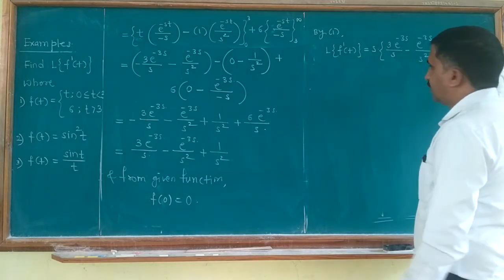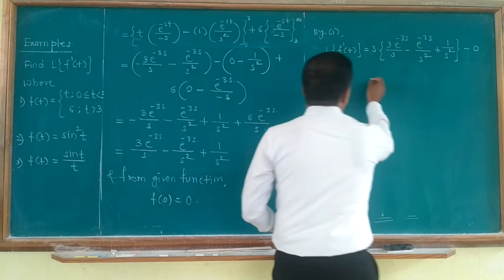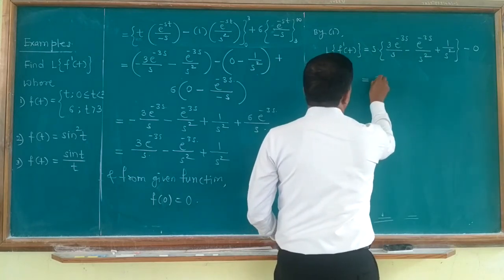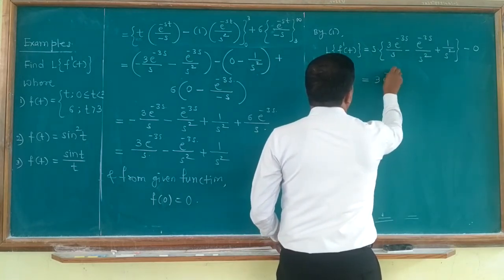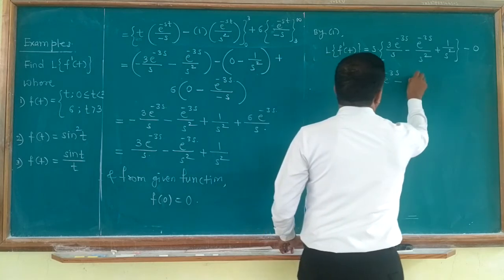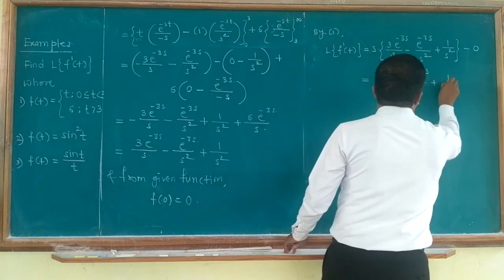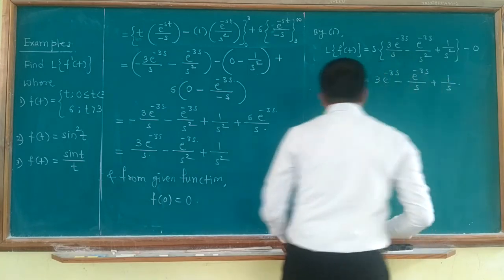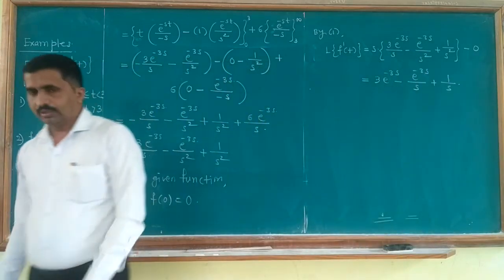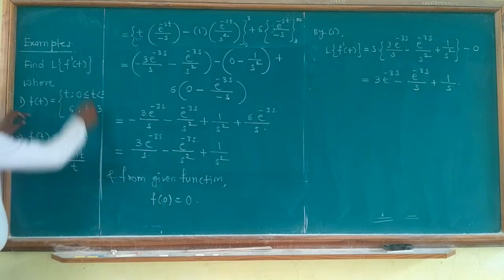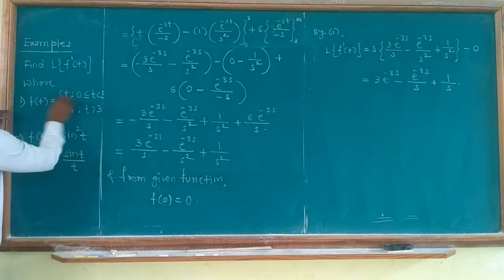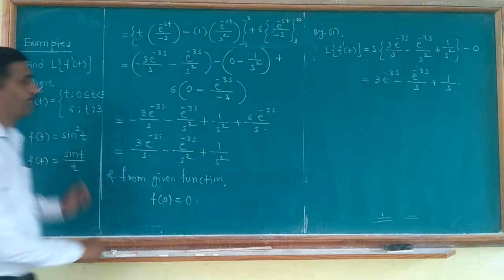So just multiply this bracket by s, and that is the final answer. So this is equal to 3 e raised to minus 3s minus e raised to minus 3s divided by s plus 1 upon s. So here we get the Laplace transformation of f dash t, where f of t is equal to this one. Okay.